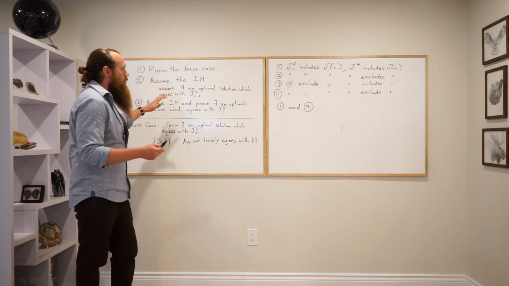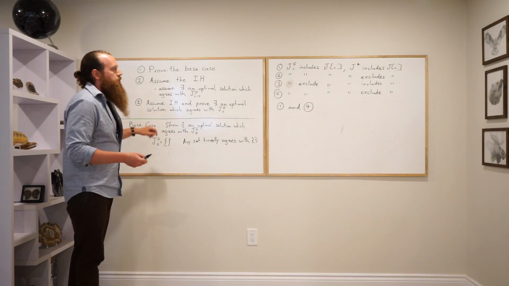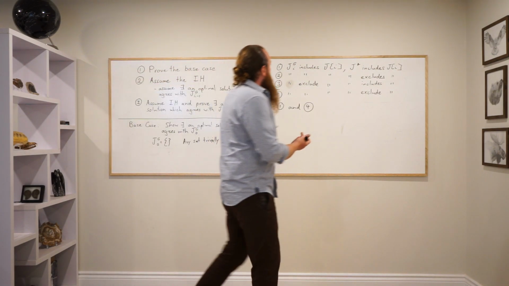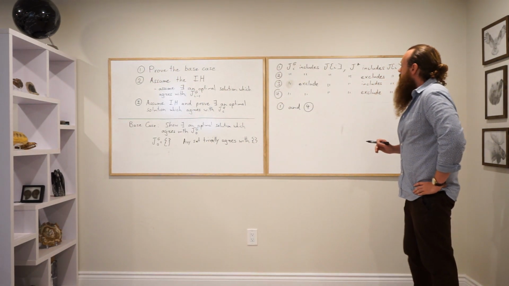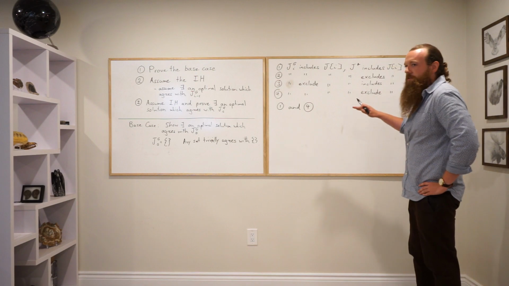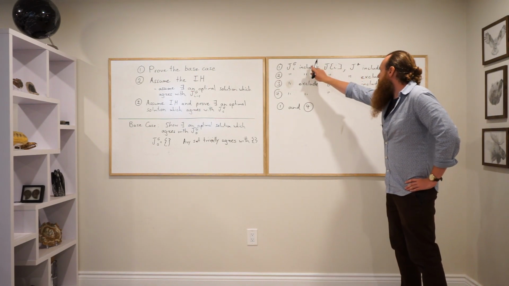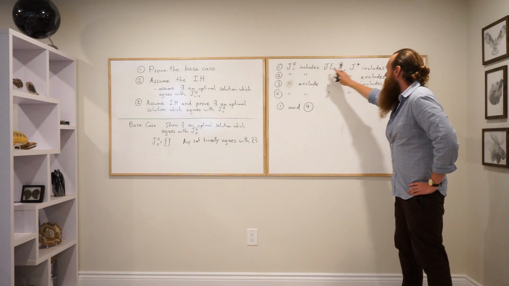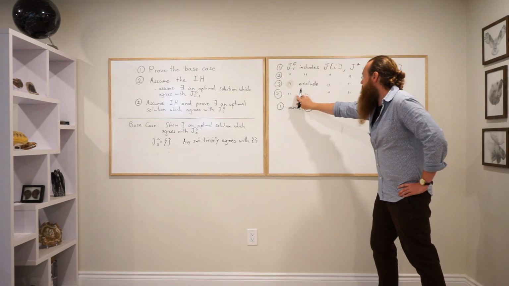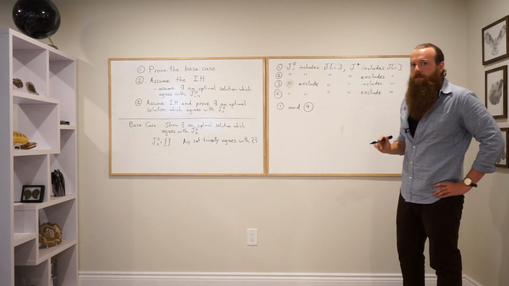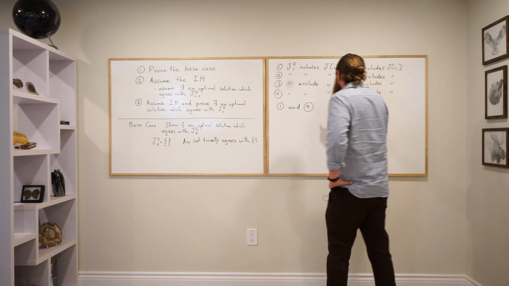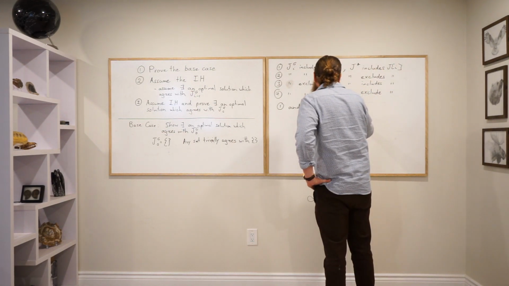And that's what we're trying to show with this theorem. Look right here. Well, hold up. We already know it agrees with the i minus 1, and it agrees in this case where they both include it, and it agrees in this case where they both exclude it. So 1 and 4 hold trivially.